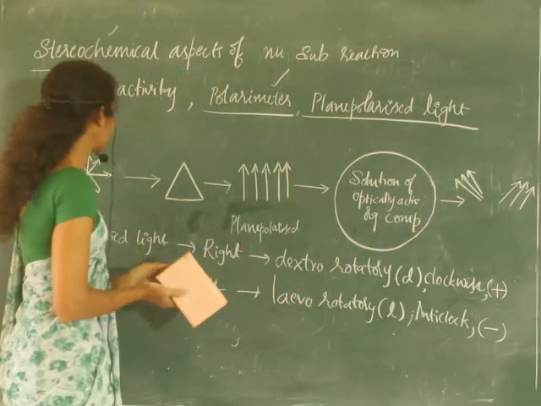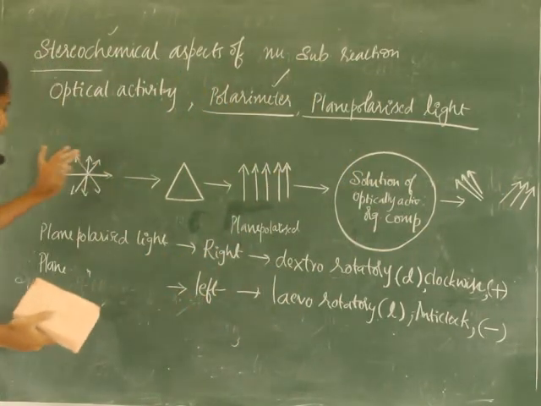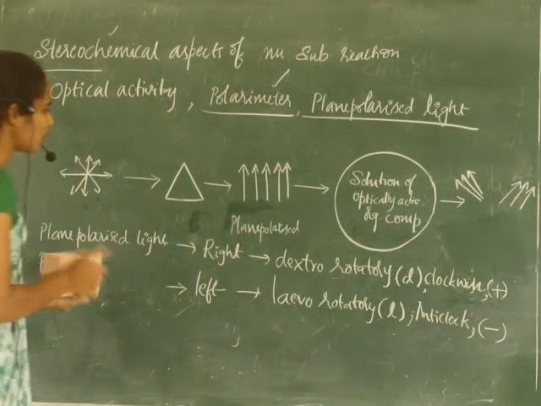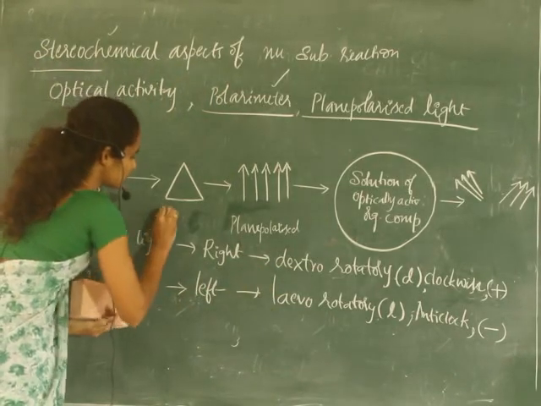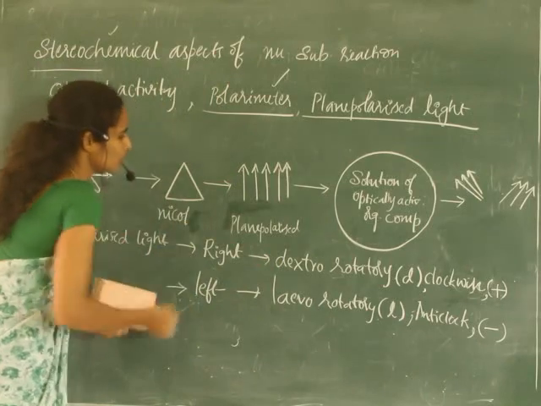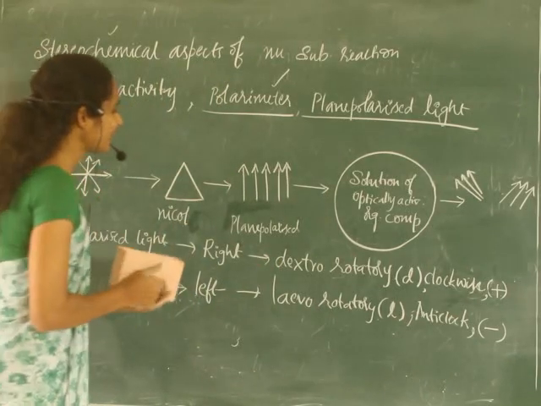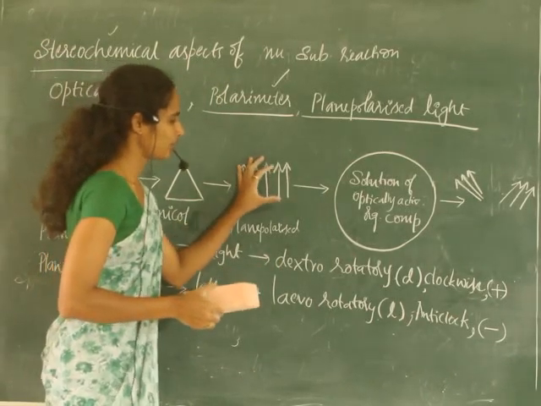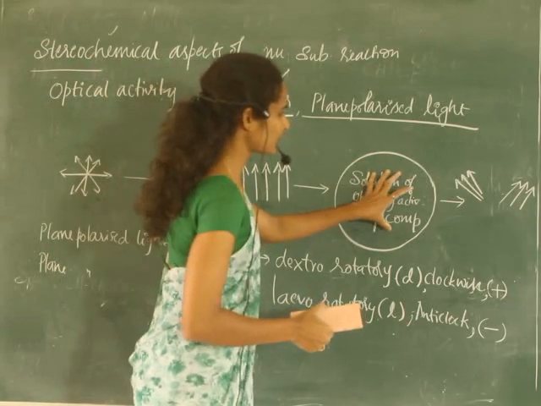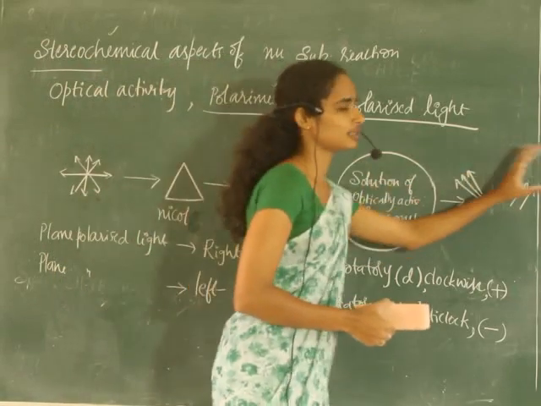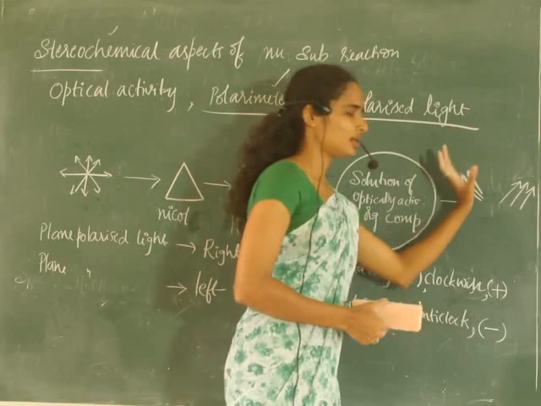When normal light is passed through a Nicol prism, you will get plane polarized light. When plane polarized light passes through an optically active compound, it rotates either right side or left side.